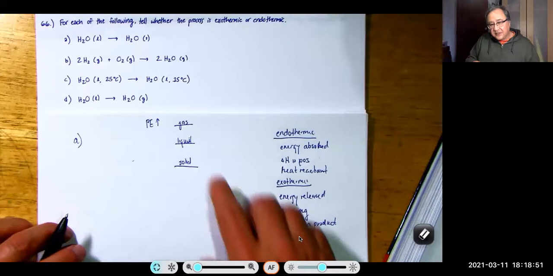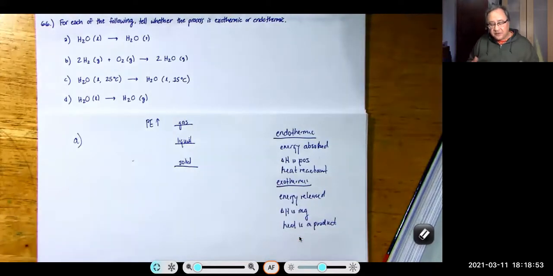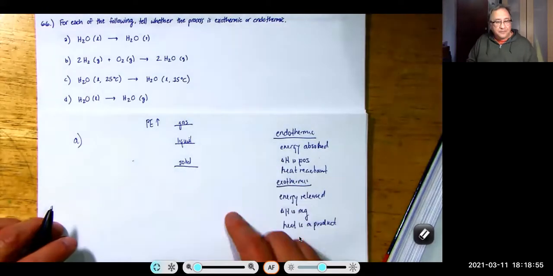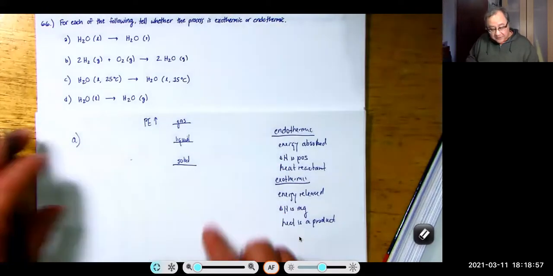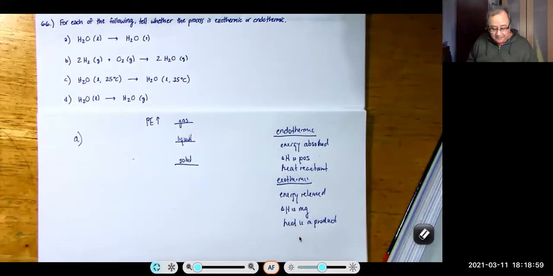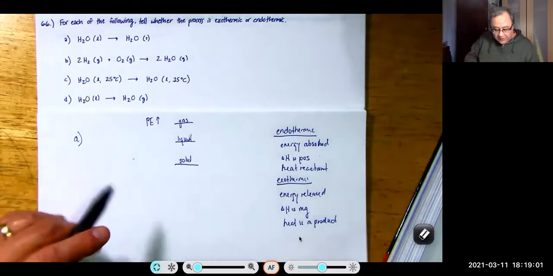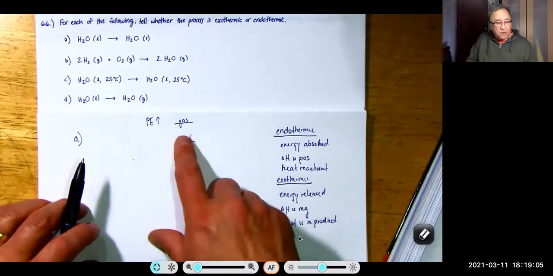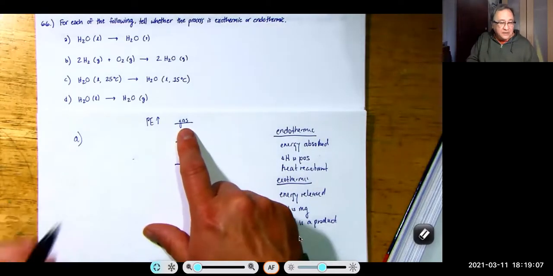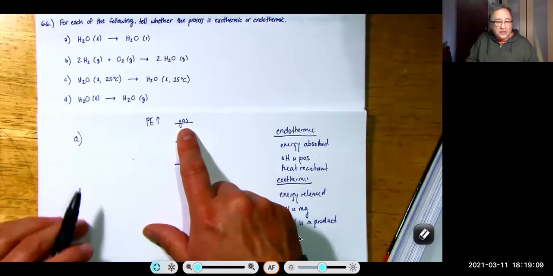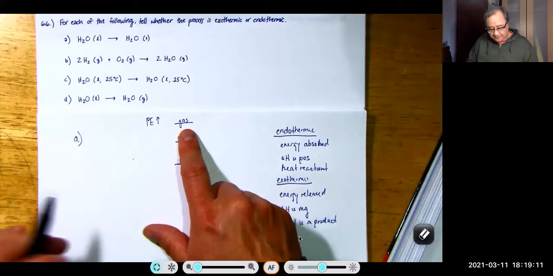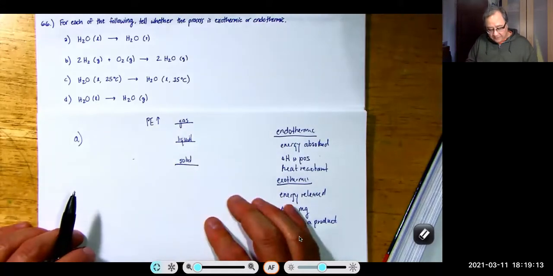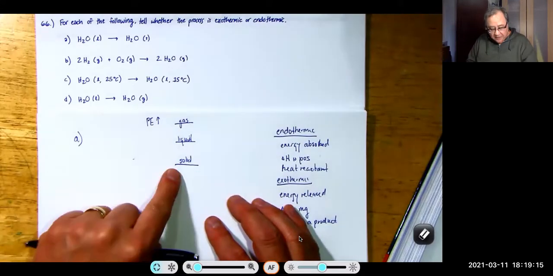So H2O gas has more potential energy than H2O liquid, and H2O solid has less potential energy than H2O liquid. So as you go through these changes of state, you get higher potential energy, and that's why we take water and turn it into steam to run turbines so that we can generate electricity. Okay, so lower potential energy, higher potential energy.